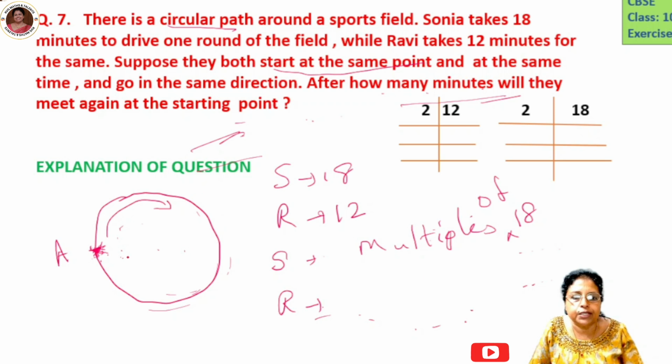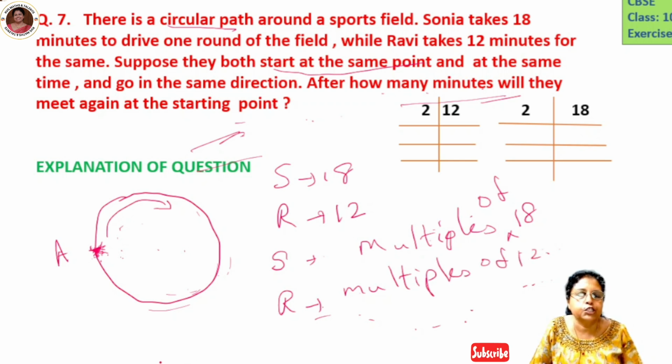Then what about Ravi? Ravi reaches here after 12 minutes. Then second time he reaches here after 2 times 12, after 3 times 12 he reaches the third time. That means Ravi reaches at the point A at the time when multiples of 12. Okay, that is what is happening.